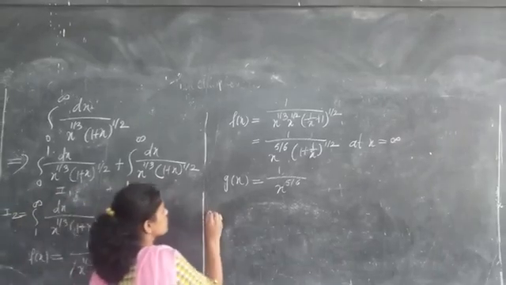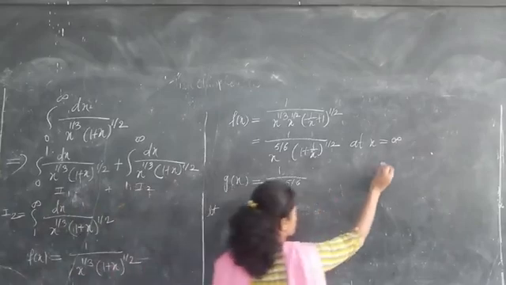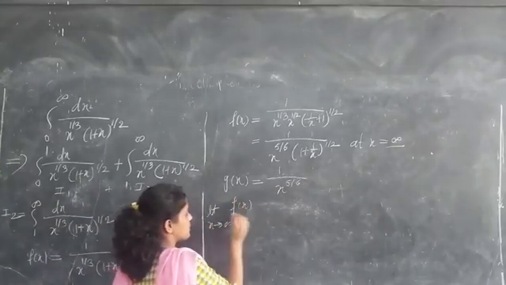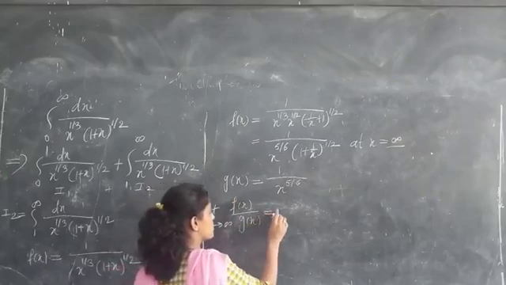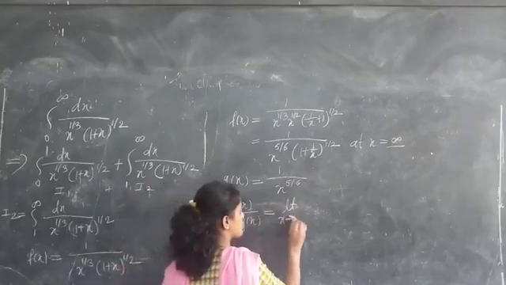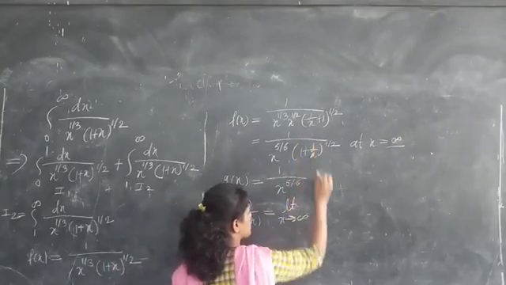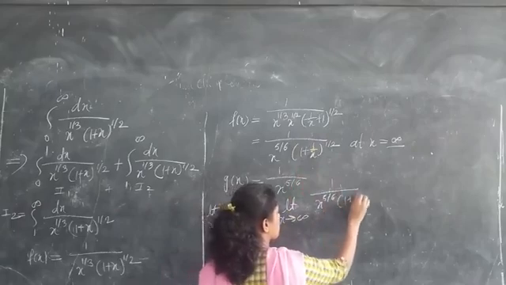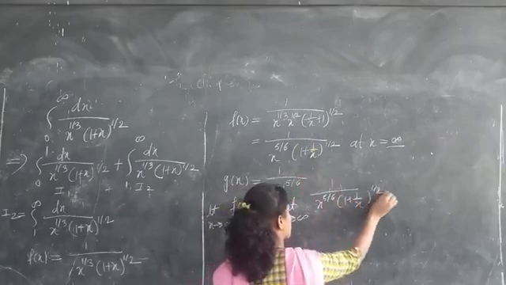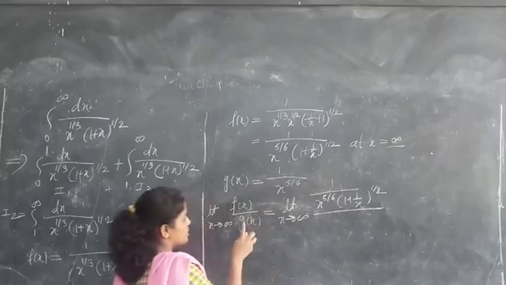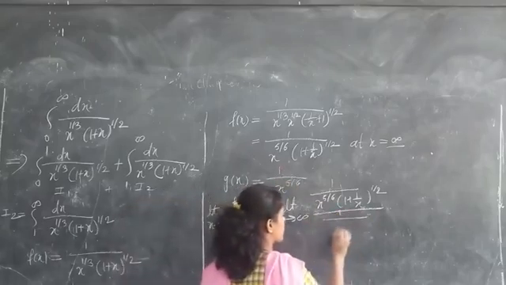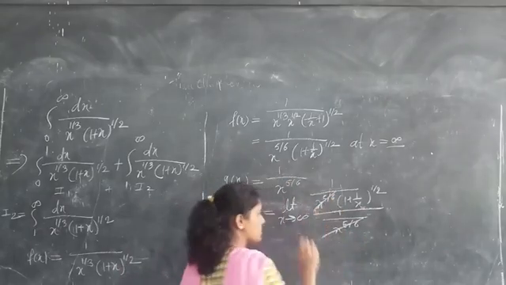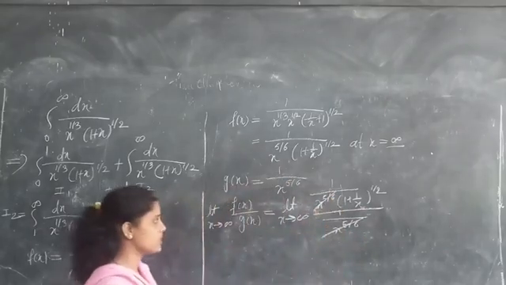Now write down the limit: as x tends to infinity, f of x divided by g of x is the limit of [1 divided by x to the power 5 divided by 6, times (1 plus 1 divided by x) to the power 1 divided by 2] divided by [1 divided by x to the power 5 divided by 6]. So x to the power 5 divided by 6 cancels.